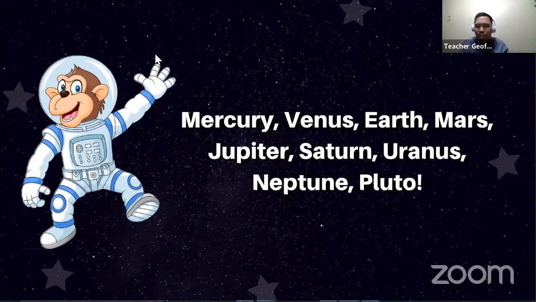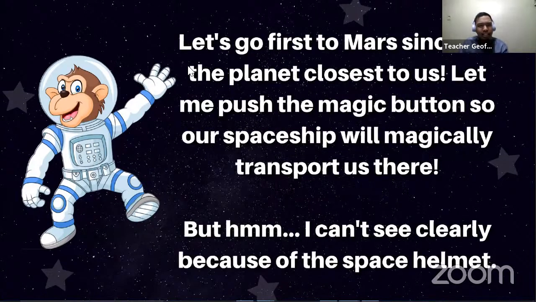Are you guys excited to go into all of these planets and just explore? I guess at the same time, you will be able to learn how to do fractions as well. Hopefully, we will get to have the opportunity to do that later on.